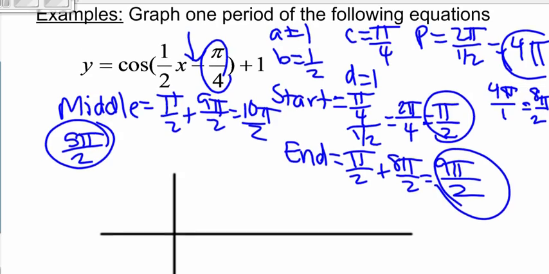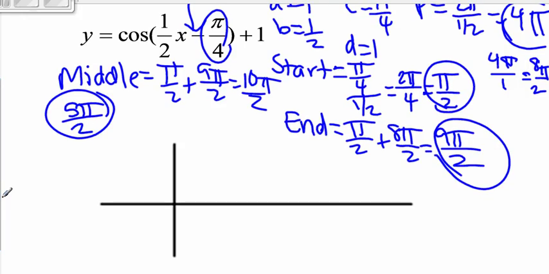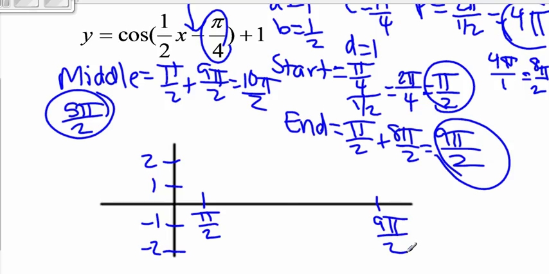So I'm going to come down. Normally this is 1, but because I'm adding a 1, I'm going to go in either direction, plus or minus 1 there. So -2. My new start is pi over 2. So I'm going to have pi over 2 here. And my new end is 9 pi over 2. And my middle is 5 pi over 2.